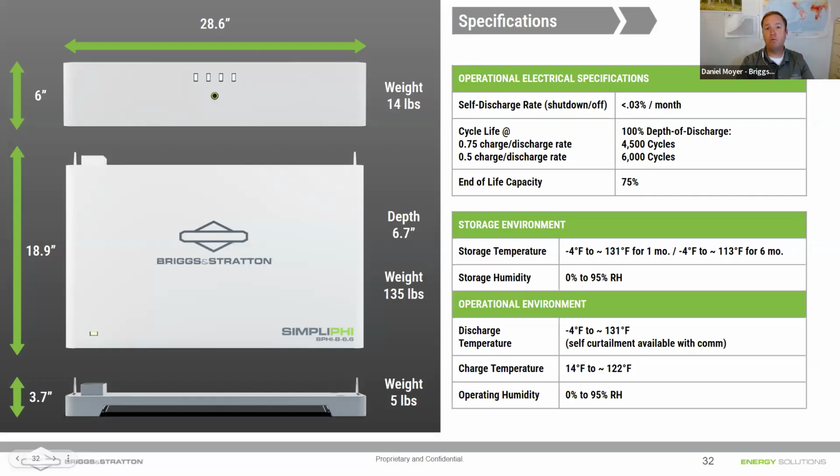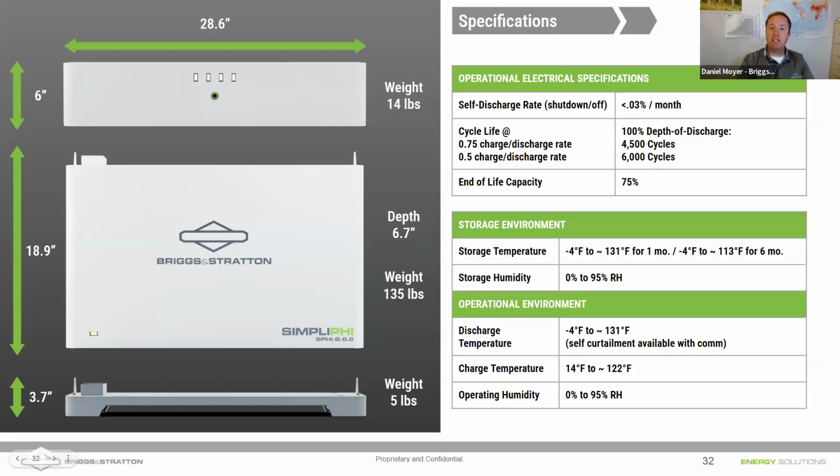We do have temperature limitations like all lithium ion and LFP batteries. They don't do too well in cold weather on the charging cycle. We've done some things to optimize the electrolyte in our batteries that allows it to go down to 14 degrees Fahrenheit. I know in certain parts of the country, it still gets colder than that, so put them in a garage, a utility closet, or a basement, where it's probably not going to be that cold. If that's still not an option, we do have heating options available on our PHI and SimpliPHI.